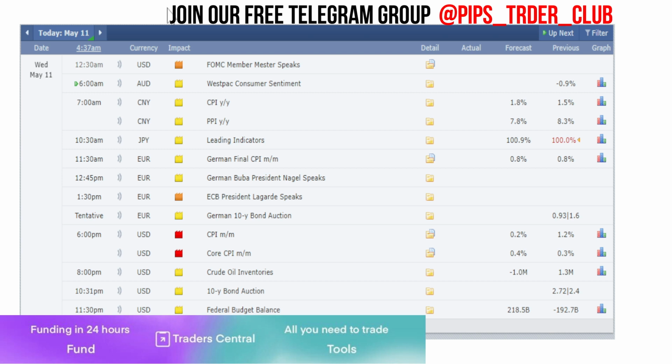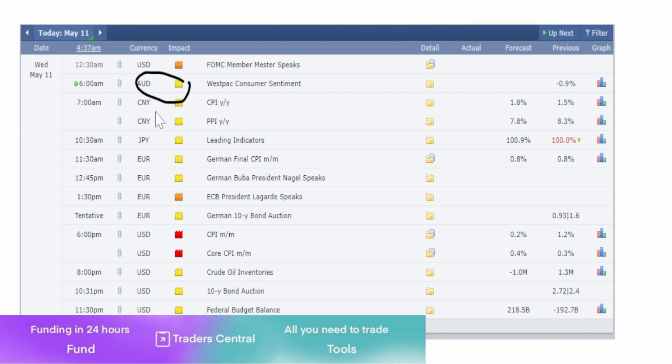Let us look at the event calendar for today. Today is Wednesday, May 11th. When we look at the events plan for today, we have low impacting news on Australian dollar, Chinese yuan, JPY, euro, and at 1:30 p.m. we have medium impacting news coming up on euro related currency pairs.